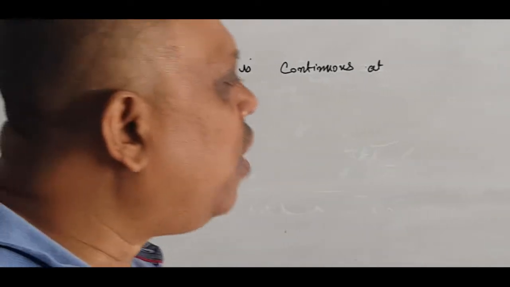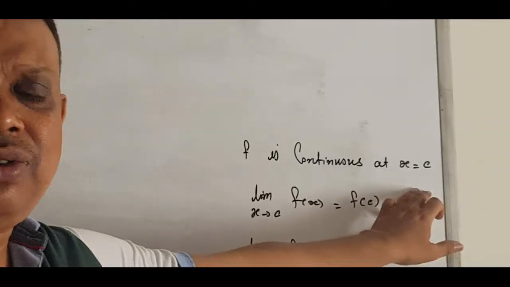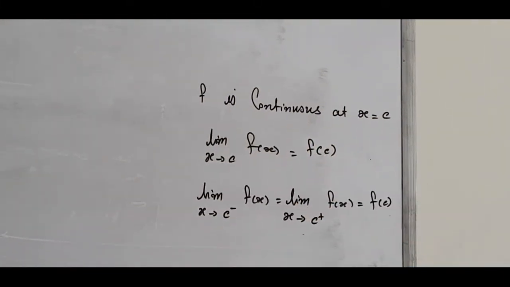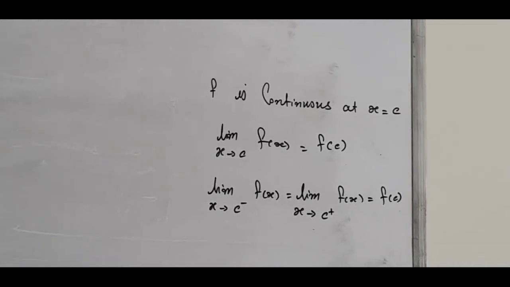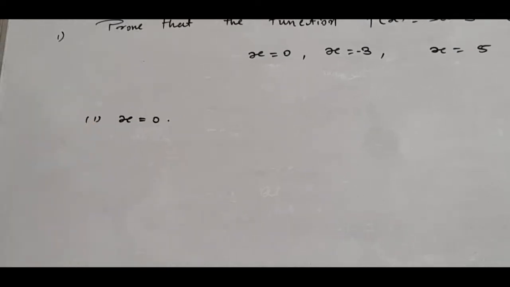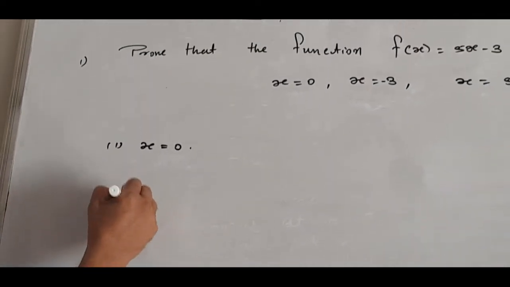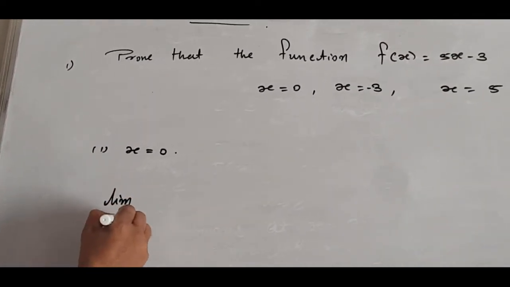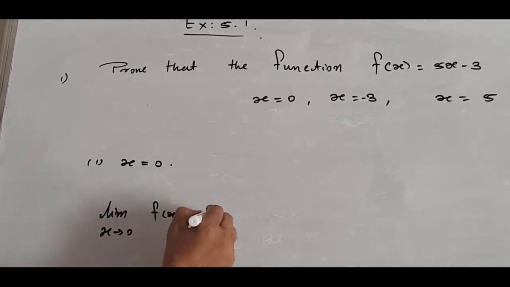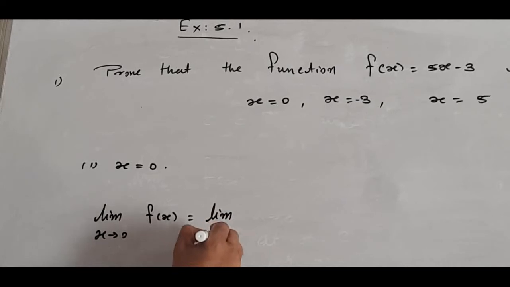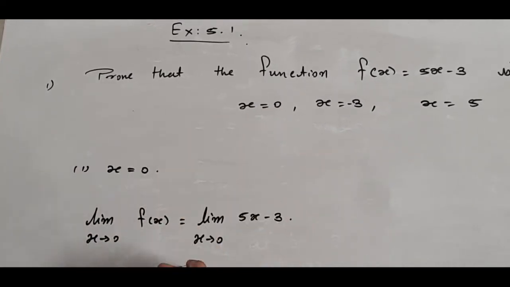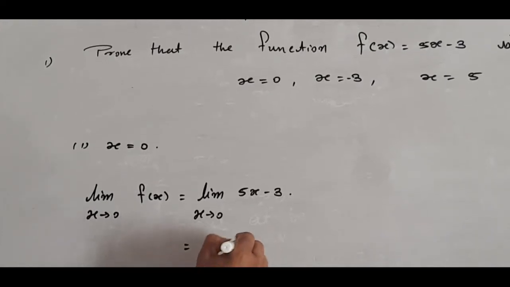Now when you say the function is continuous at x equal to c, the limit of x tends to c, f(x) is equal to f(c). So we just find the value. First of all, we go for x equal to 0. Limit of x tends to 0, f(x) is what? 5x minus 3. If I keep the value, 5 into 0 minus 3 is minus 3.